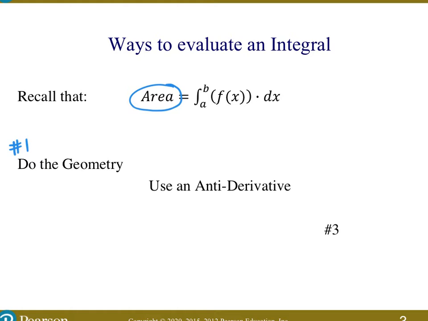Since it just represents area, if it's a recognizable area, then by far the easiest way is to simply do the geometry. That's going to be faster than any calculus that you'll do. Our second way is today, where we're going to see how an antiderivative evaluates that integral. And then number three, we're going to save for Thursday together.